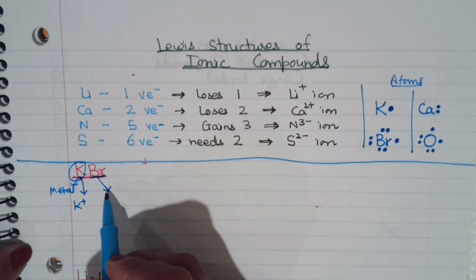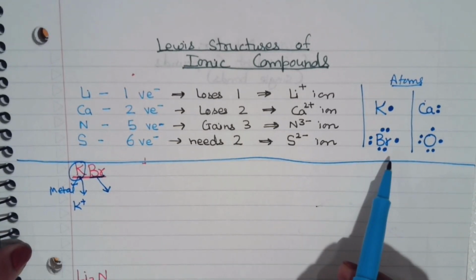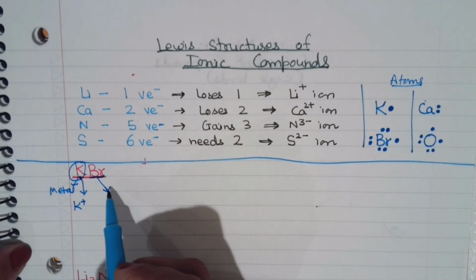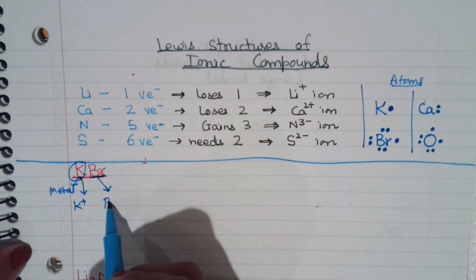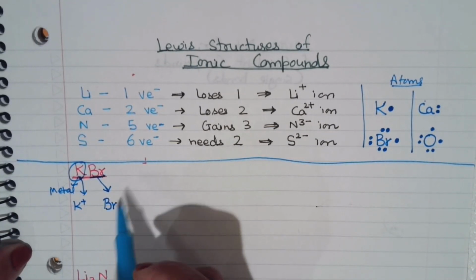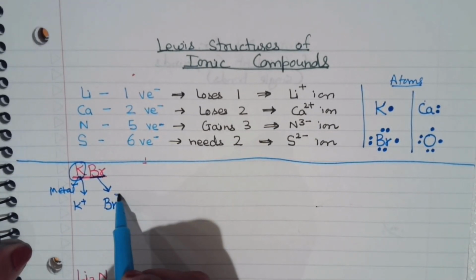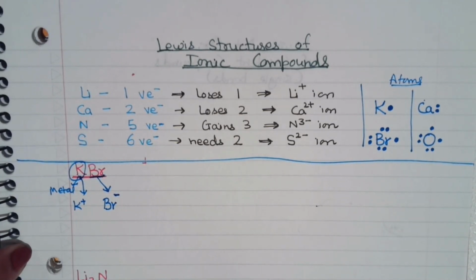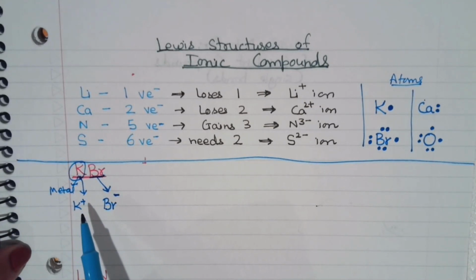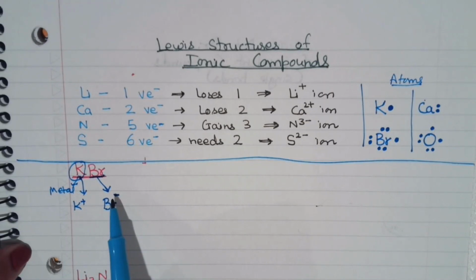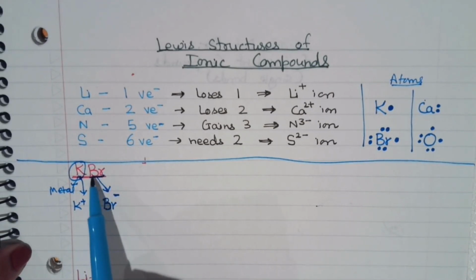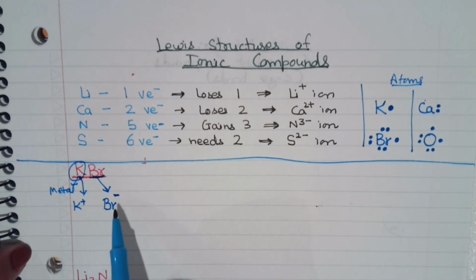And then Br has 7 valence electrons and it needs only one to make an anion, so it makes the Br- anion. So it's always give and take. Ionic bonds are always formed by give and take. The metal loses electrons and the non-metal gains electrons to make an ion.